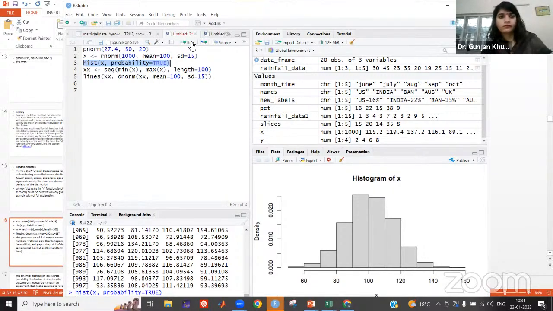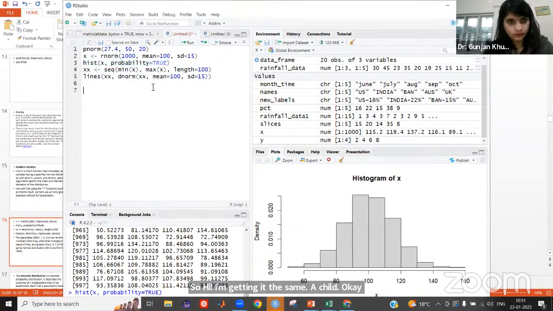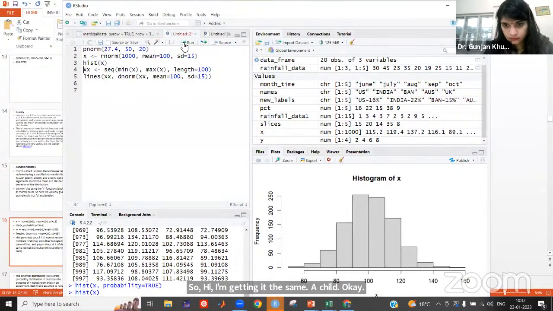So I am getting the same. When I'm typing hist(x, probability = TRUE), I am not getting anything in the answer. The same line is copied. Okay, you're not able to run this.